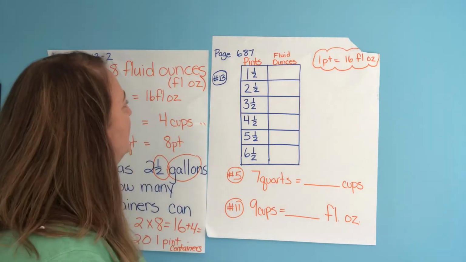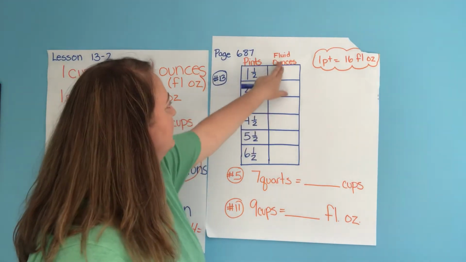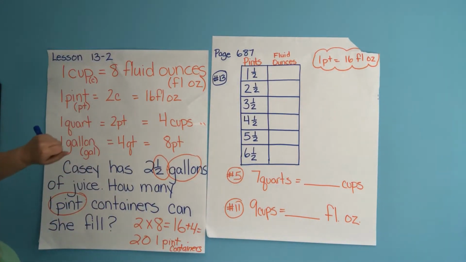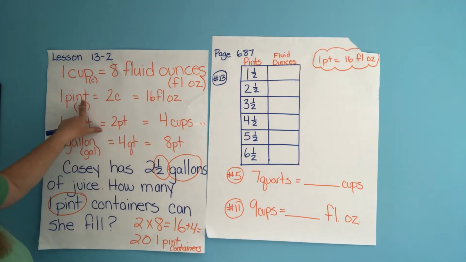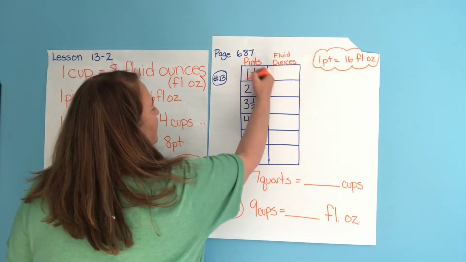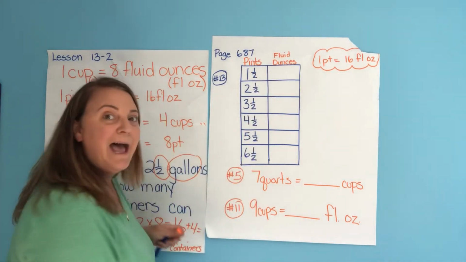Okay, so we have to fill in this chart, and we're talking about pints and fluid ounces. So over here, if you look at pints and fluid ounces, 1 pint is 16 fluid ounces. So this pint right here would be 16 ounces, but then we have another half.